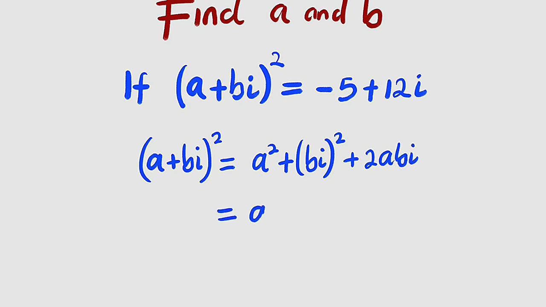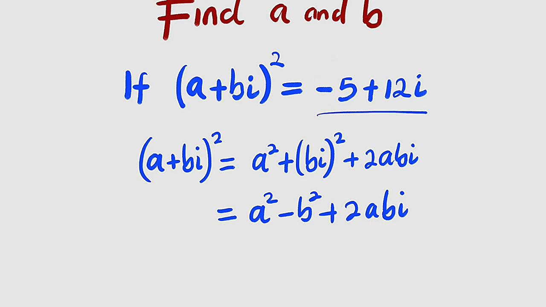This is equal to a squared plus b squared i squared. But remember that i squared is the same thing as -1, so we can just write it as -b squared. Then plus 2abi.